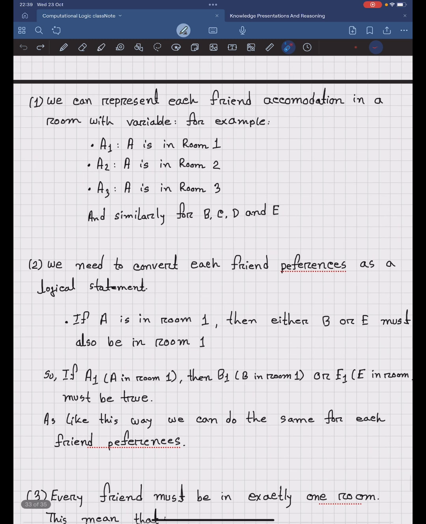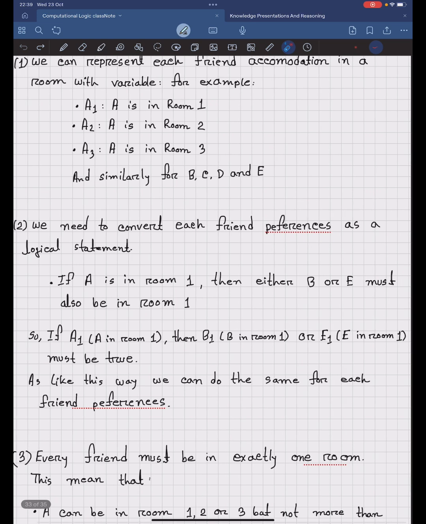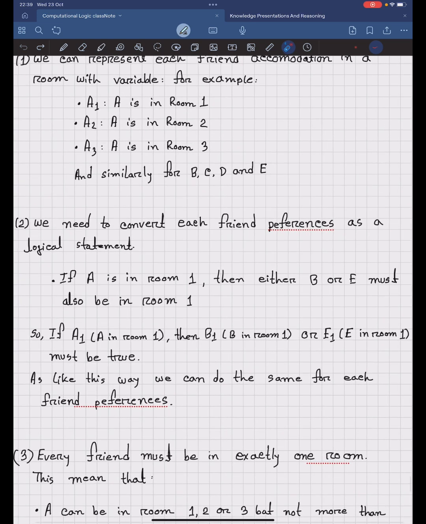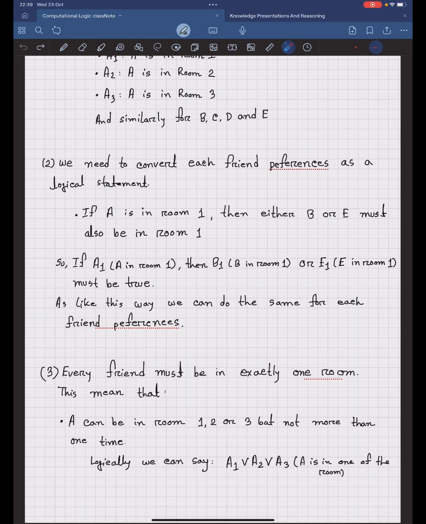Now we need to convert each friend's preference into a logical statement. It makes sense, right? Because we are working with logical statements, and we want to solve this in a logic system, we have to convert our friends' preferences into logical statements. So if A is in room 1, then either B or E must also be in room 1.